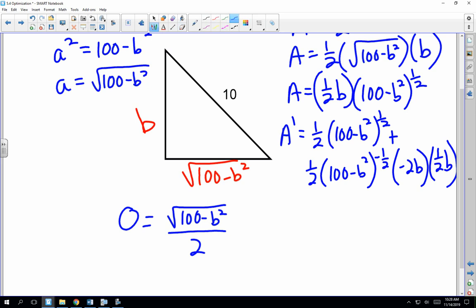So we've got a minus sign here. We've got some 2's that cancel. This is a 1/2 b, so that'll be a b squared. That b is actually on the top, it's not on the bottom. So the 2's cancel, there's a negative sign, there's still a 2 on the bottom. So it's minus b squared on the top over 2 times the square root of 100 minus b squared.